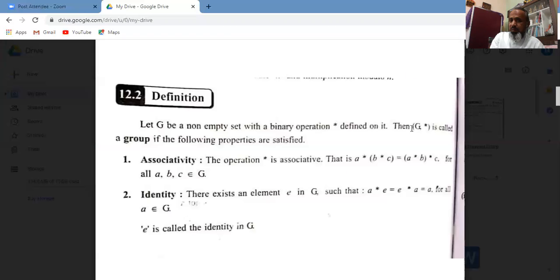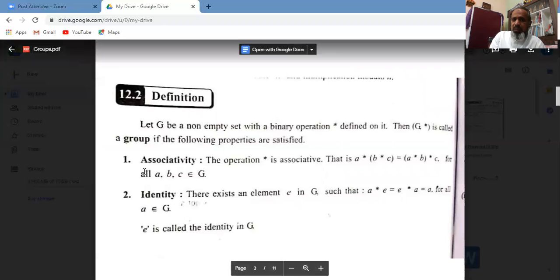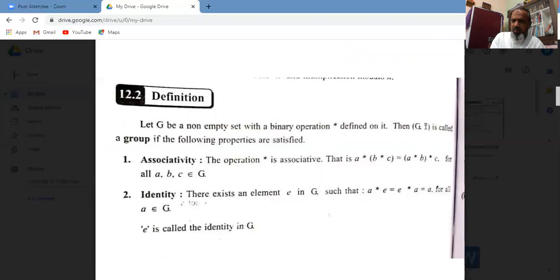So G is a non-empty set having a binary operation, which means it satisfies the closure property. If it also satisfies the associative property with respect to the binary operation, that is, if the two properties closure and associative are satisfied, then the non-empty set is said to be a semigroup with respect to the given binary operation.